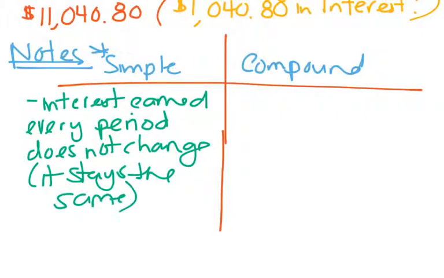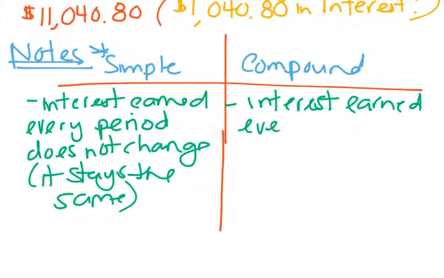But what did we notice about compound interest? Interest earned does not stay the same. So let's say interest earned increases every period.